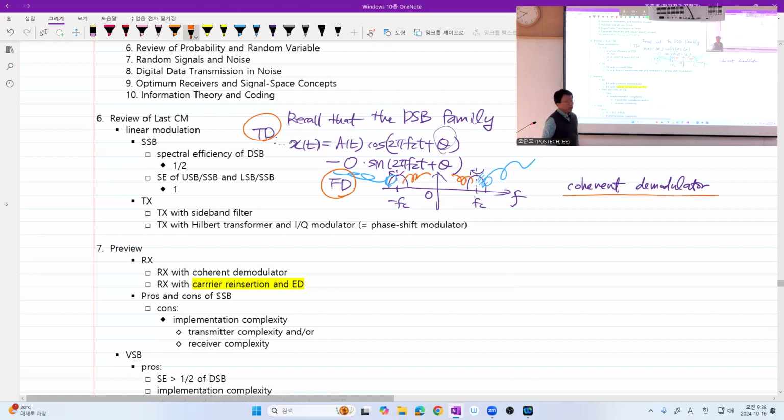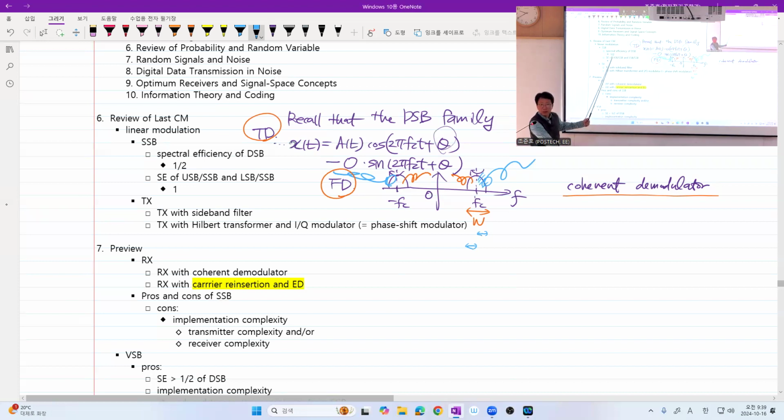So in the time domain and in the frequency domain, you are now assured that the DSB family wastes some resource. Got it? And in the frequency domain, you can say that DSB has bandwidth W, but SSB that still has the same information has half of the bandwidth, which means that compared to the SSB, DSB has spectral efficiency 1/2.